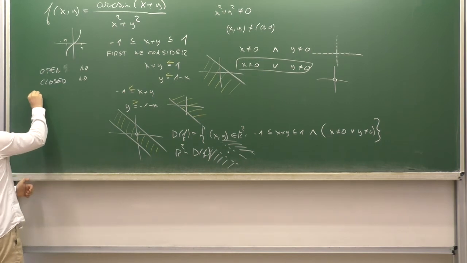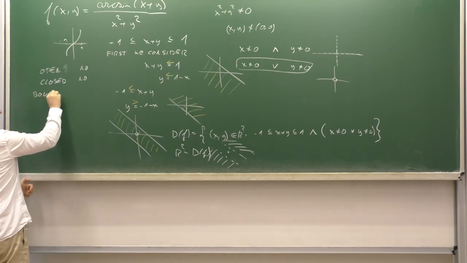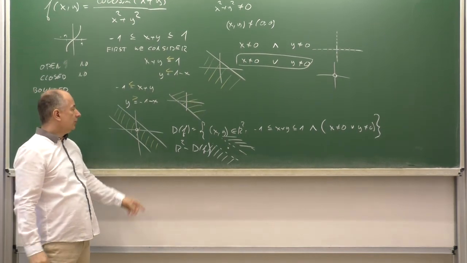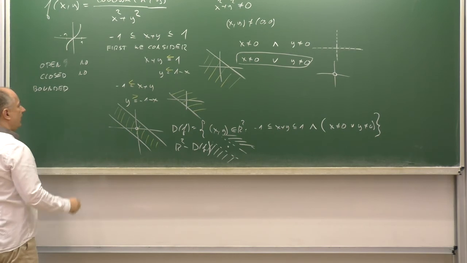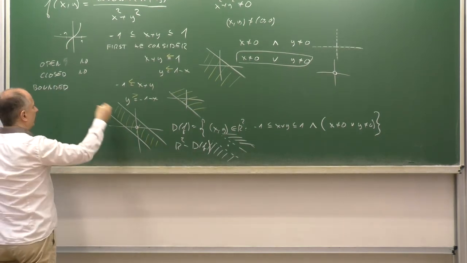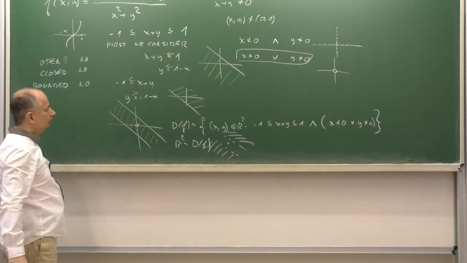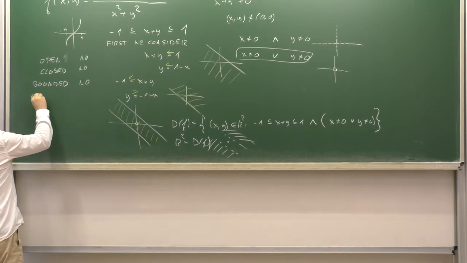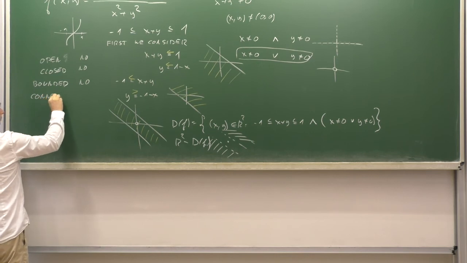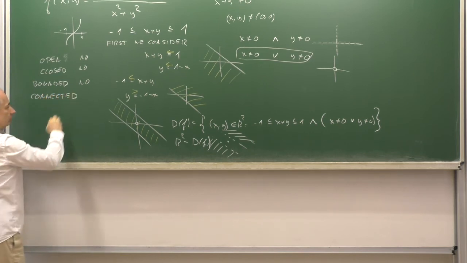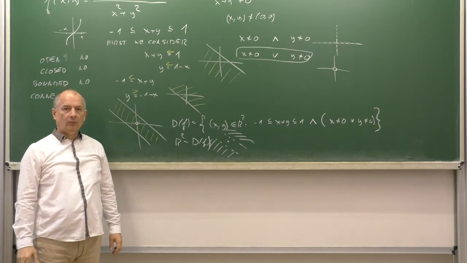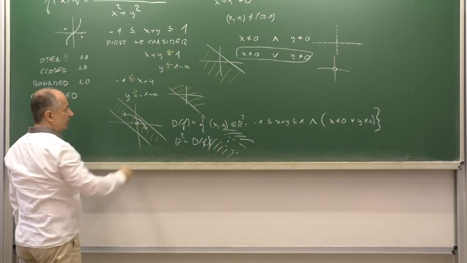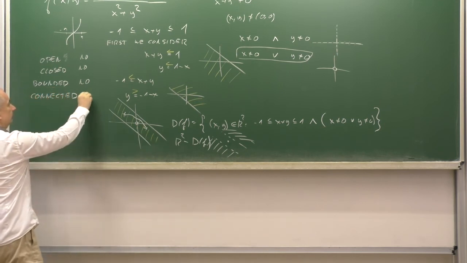Is it bounded? No, it is not, because it goes far away to infinity in these directions. Is it connected? Yes, it is, because any two points can be connected with a curve in the set.